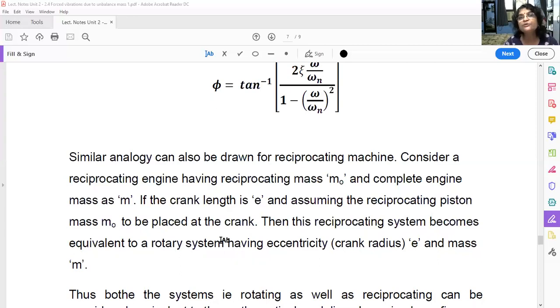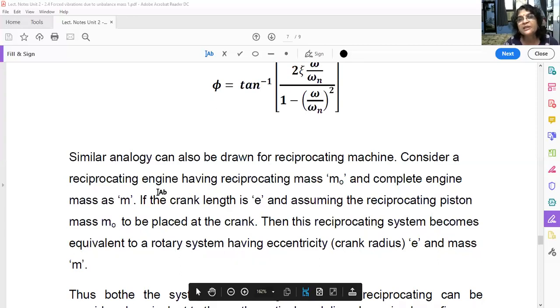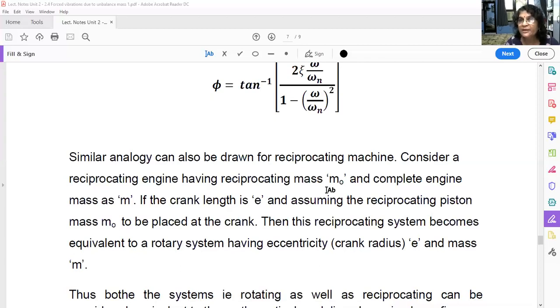So right now you just consider that in the reciprocating engine, the reciprocating mass M0 is nothing but the unbalanced mass, that is the reciprocating parts mass, and the complete engine has the mass M. The crank length is E. Basically we denote it by R, but here, as we want similar terminology, R is replaced by E, and we assume the reciprocating piston mass M0 to be placed at the crank.